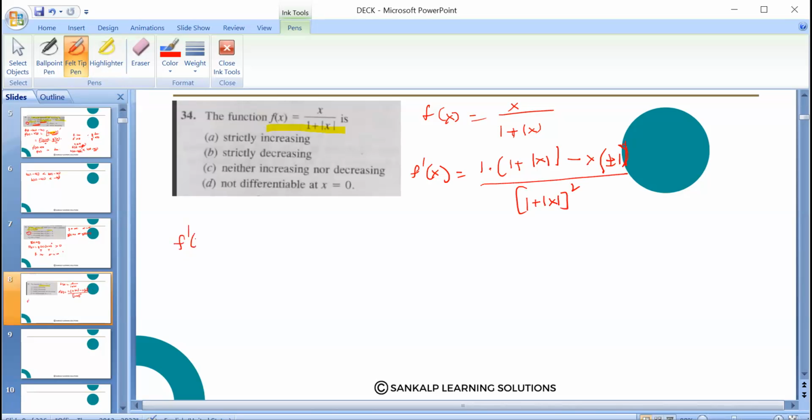So f dash x in the numerator will be 1 plus mod of x plus or minus x. Minus is there. So minus mod of x by 1 plus mod of x whole square.